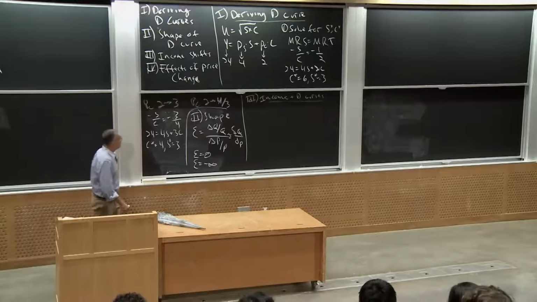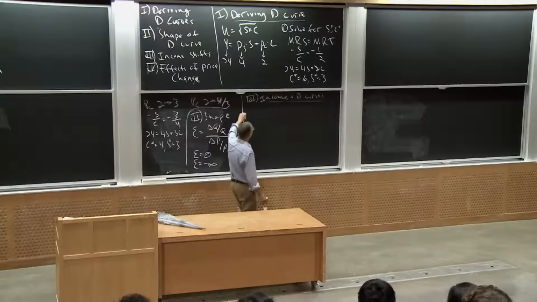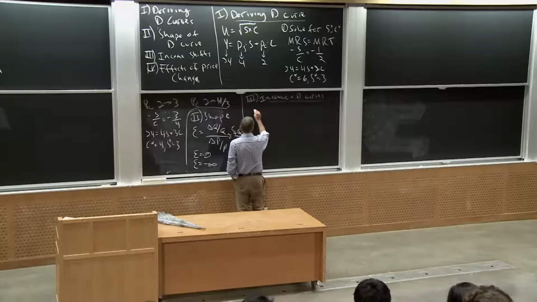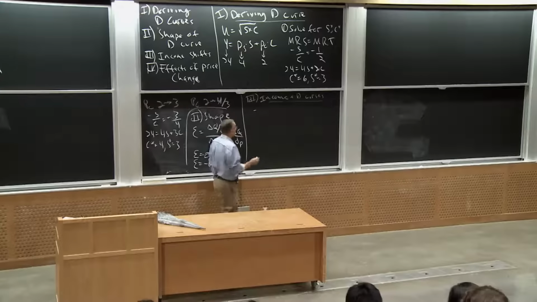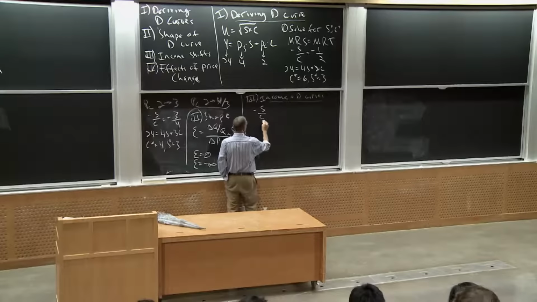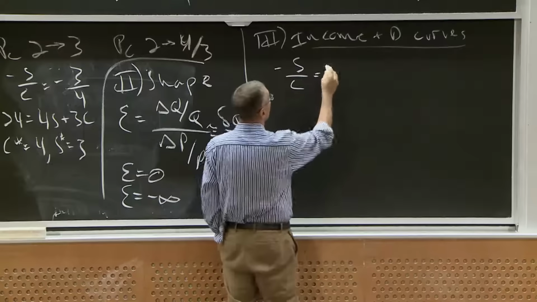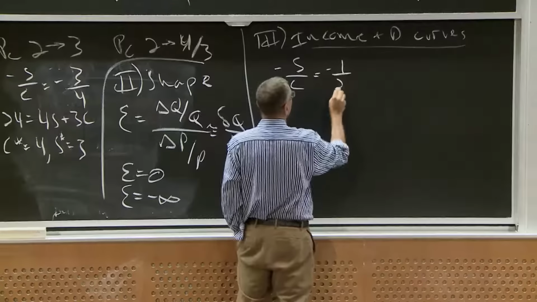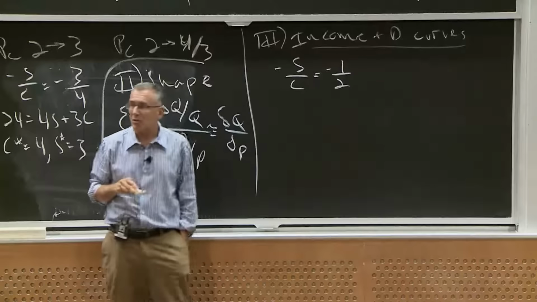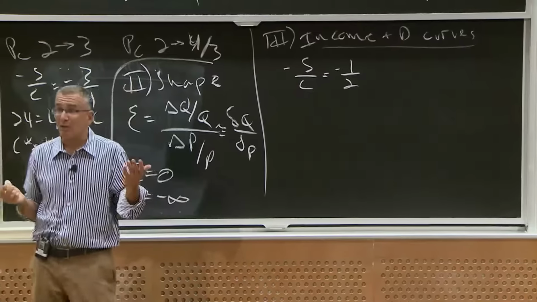Well, in that case, the optimization is now you're still setting minus S over C to the price ratio, minus 1/2. That hasn't changed, because the price ratio hasn't changed, and your preferences haven't changed.